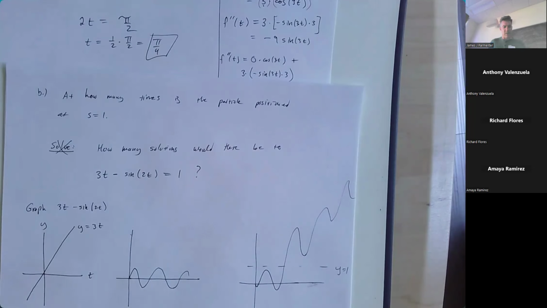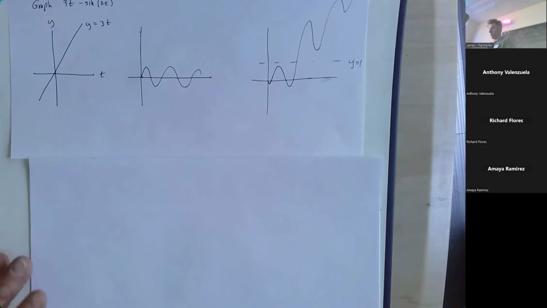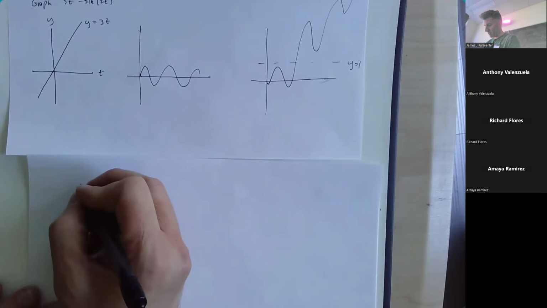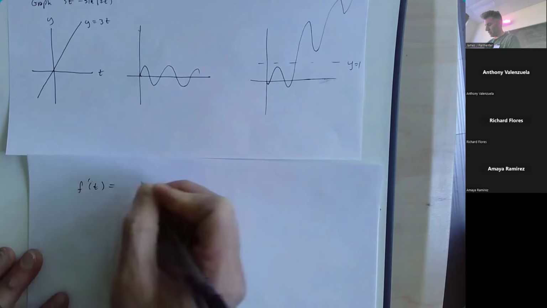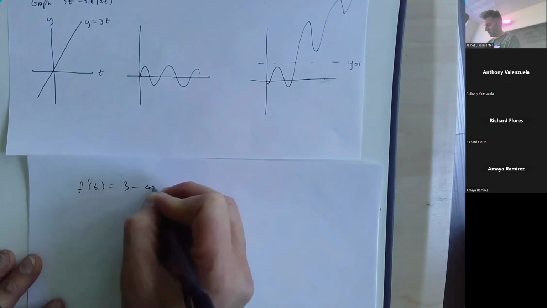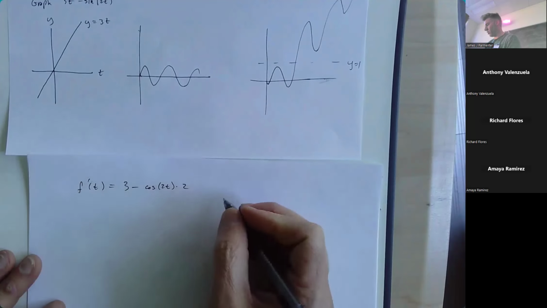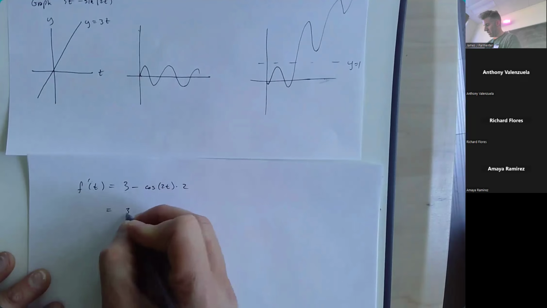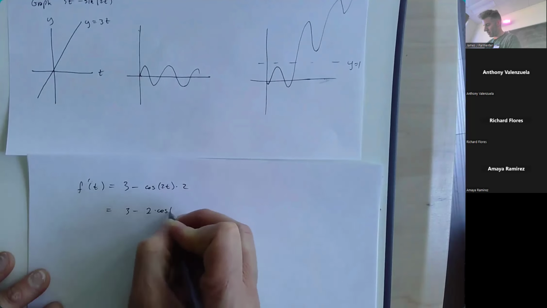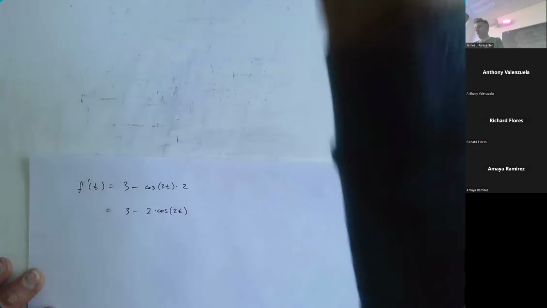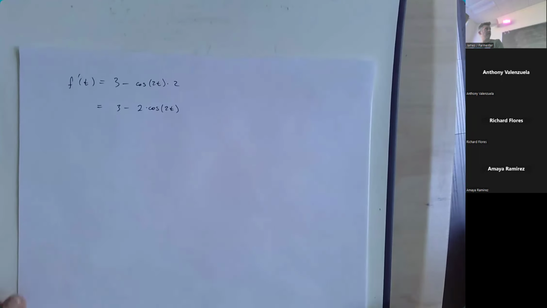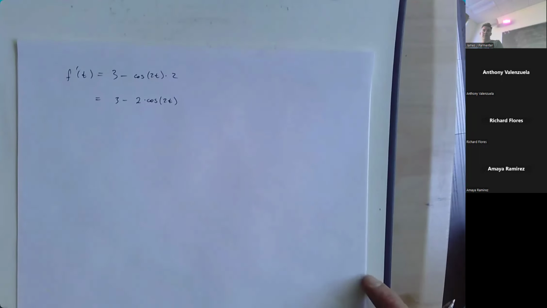So he's observing that the derivative is bigger than 1. I see. Okay, so this is an application of Rolle's theorem. That's smart. He's looking at the derivative, saying my derivative is equal to 3 minus cosine of 2t times 2, whereas I would write it 3 minus 2 times cosine 2t. And he's noting that this derivative is always bigger than or equal to 1.